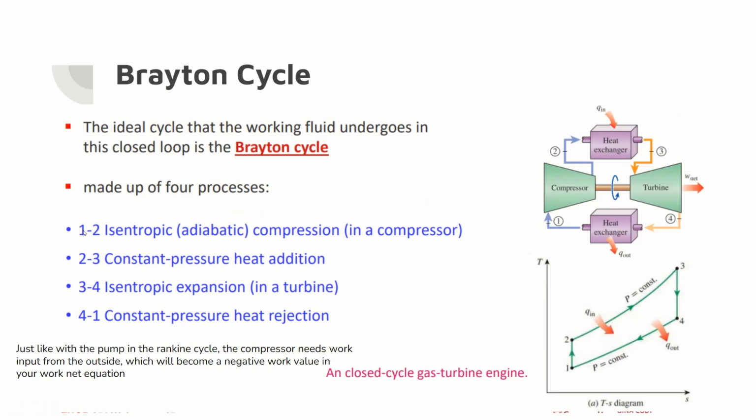And again, from 1 to 2, you have work going into the compressor, so you're losing work. That should be, again, negative. And from 3 to 4, you're creating work with the turbine, so you have positive work being created. And with these two, no heat transfer is being made. On the other side, with the two heat exchangers, you either have heat transfer going in or heat transfer going out, but no work is being created.